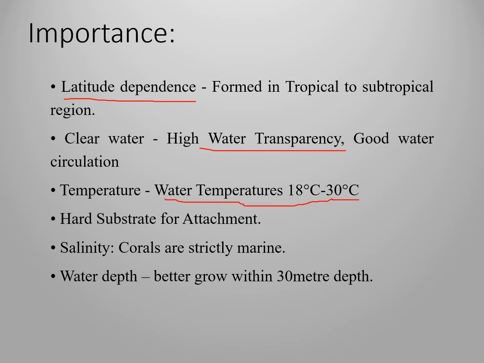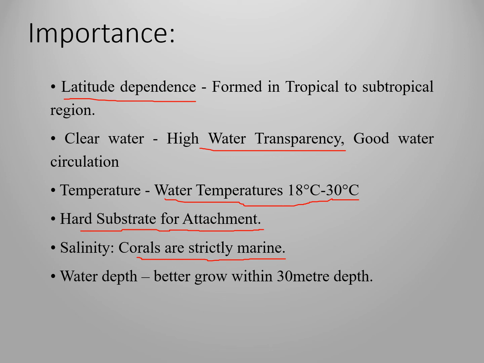There should be a hard substrate, so a rocky or hard substrate is required for formation of reef, because corals always need a hard substrate to which they can attach and form their calcareous hard parts. As for salinity, coral is strictly marine. There is no freshwater or other counterpart of coral reported. They are strictly saline water, strictly shallow marine water organisms.